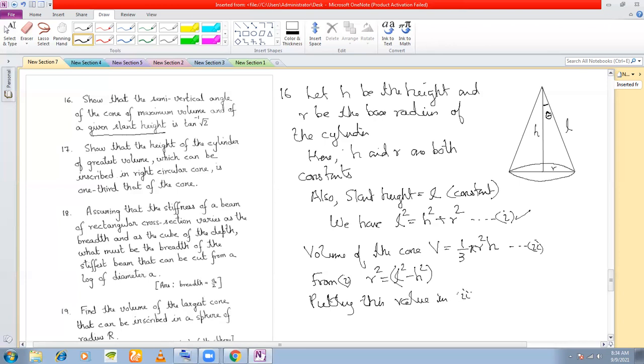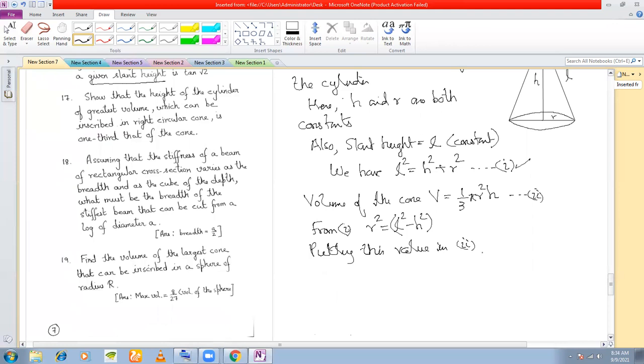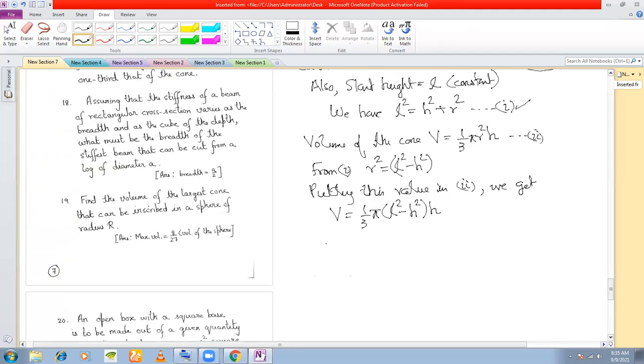In 2, we get V is equal to 1/3 pi (L square minus h square) into h. Okay, that means V is equal to 1/3 pi (L square h minus h cube).